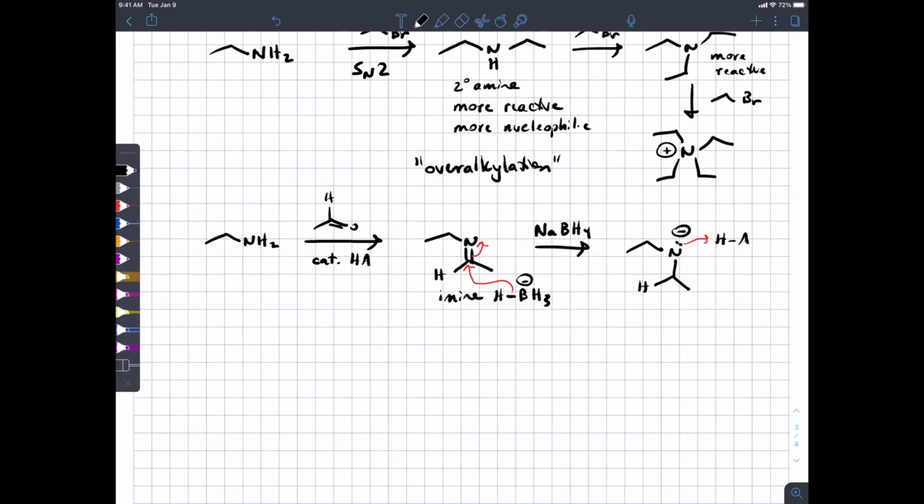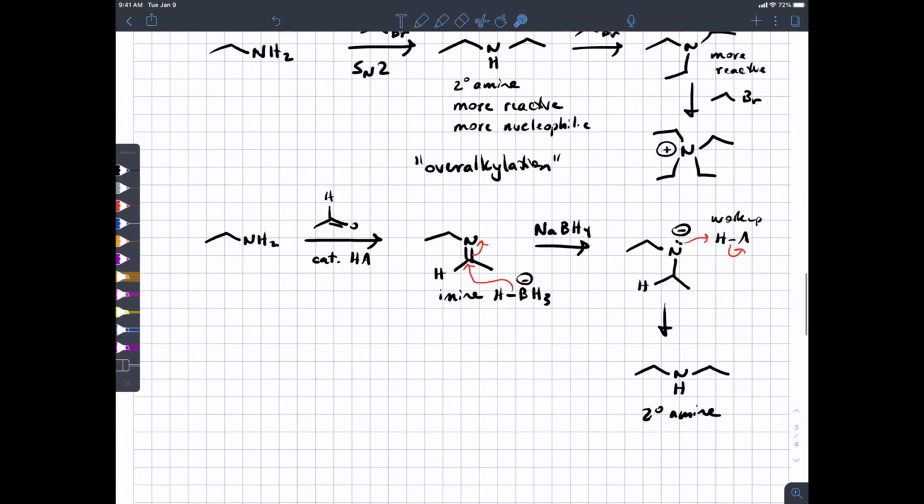Not sure what, I'm not trying to communicate that we add acid. This is probably in a workup step. That will give us the desired secondary amine. And we never ever run the risk of overalkylation because once we've added our nucleophile to the imine, there's really nothing else that can happen.